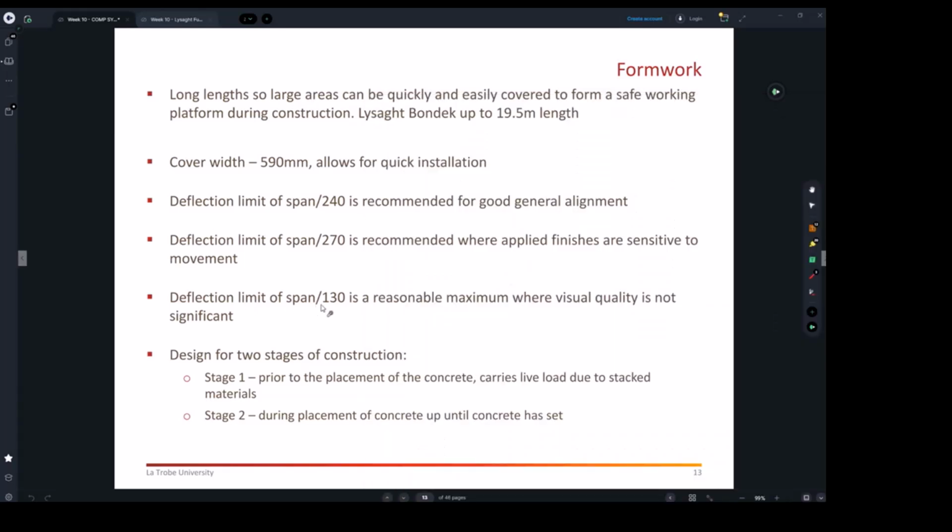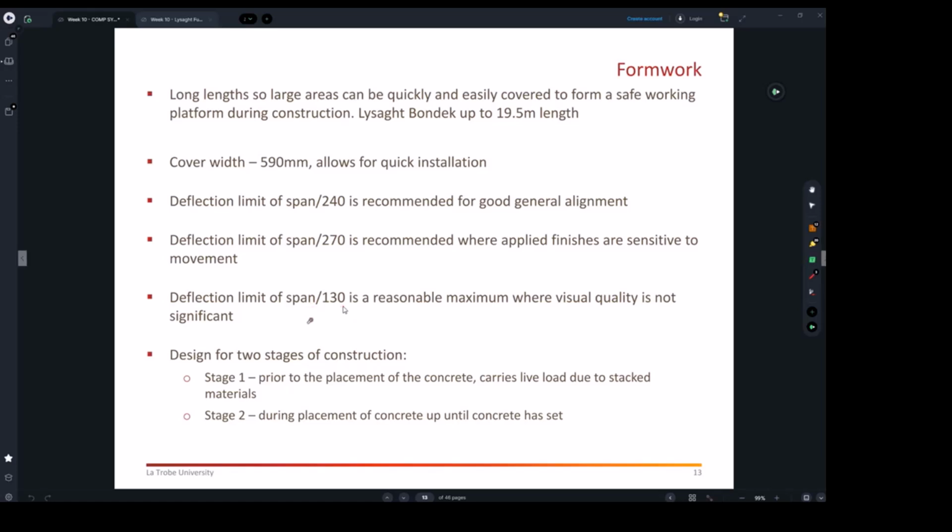In case you're constructing a warehouse or a storage area, you're not really interested in the visual quality. Let it bow a bit, it doesn't matter, and that will save a lot of money in terms of concrete. So we can go 130. Remember, these are not the deflections that will happen due to loads, creep or shrinkage.